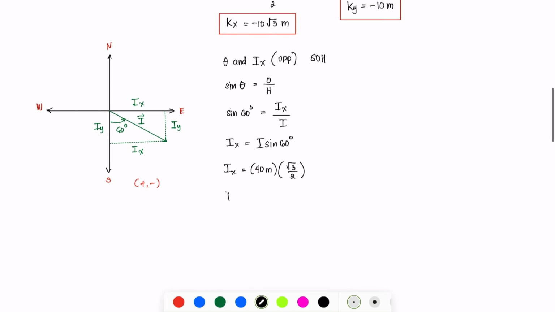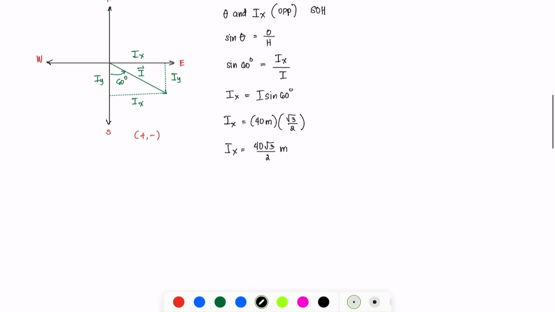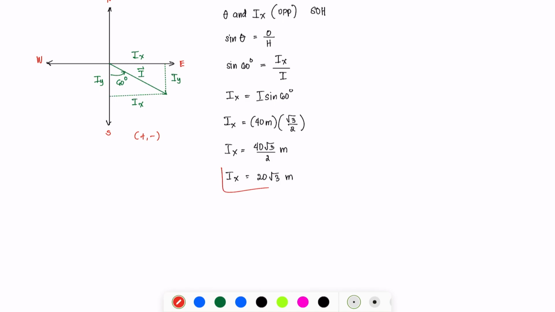So your I sub x is equal to 40 square root of 3 all over 2, included the 40. Do not forget the units, meters, and that can be further simplified into 20 square root of 3 meters. So that right there is your x component.